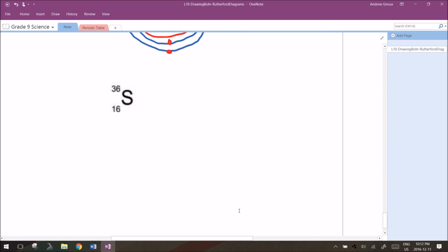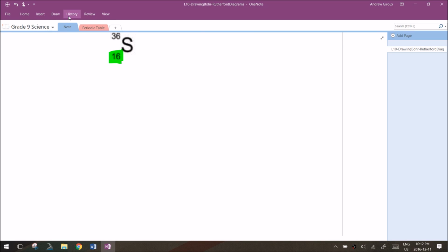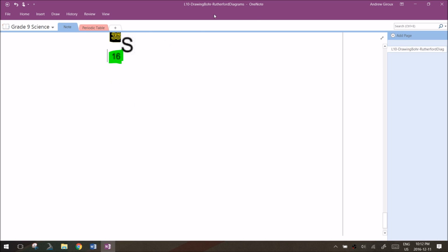And finally, this time, we're doing a sulfur atom, and this gives us all the information we need. So there's atomic number and atomic mass. Atomic number tells us the protons and electrons, and neutrons will be our atomic mass minus the atomic number. So we have a total of 20 neutrons.